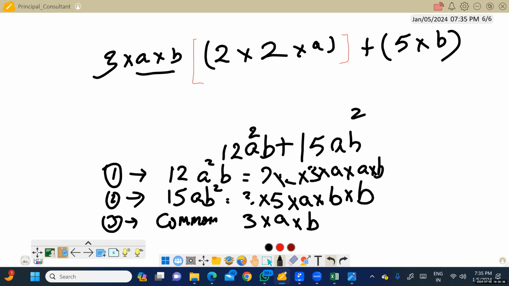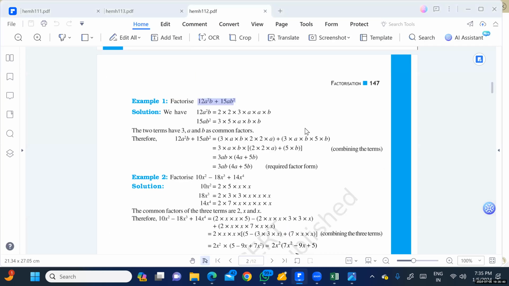What is the next step we should do? Let's do the next step. So this is 3AB. This 3AB we know. This is 4A plus 5B. 3AB, 4A, 5B. Required factor form. This is the factor form.